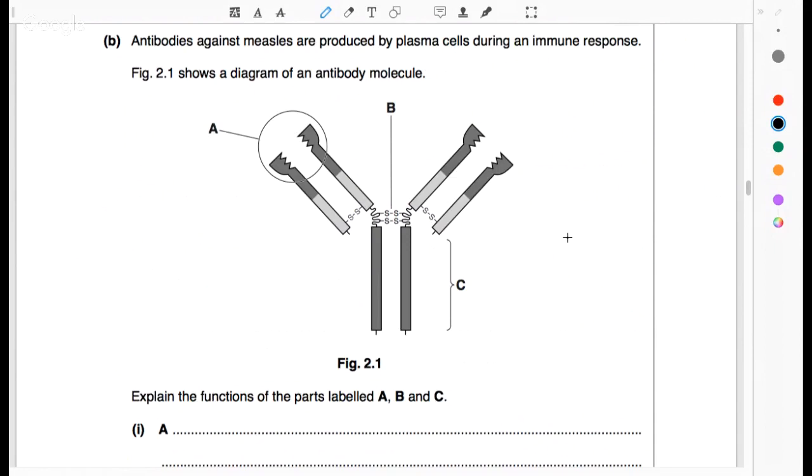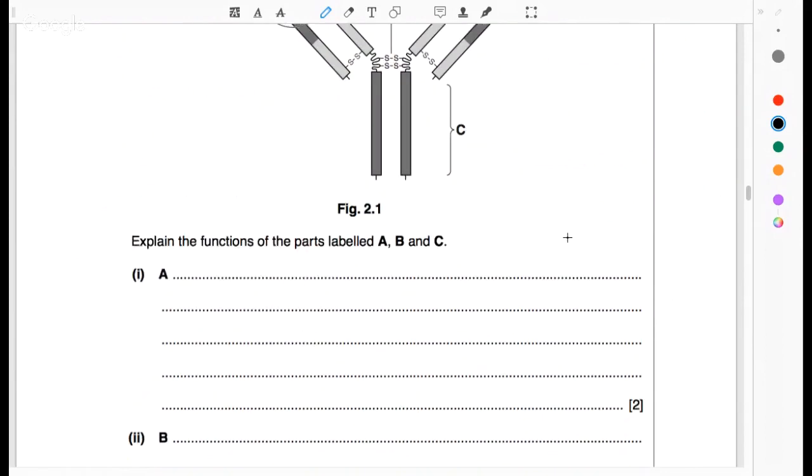So they bind to phagocytic receptors, which have a complementary shape to the antibody region and allow for phagocytosis to occur. Good. Good. You get all the marks there.